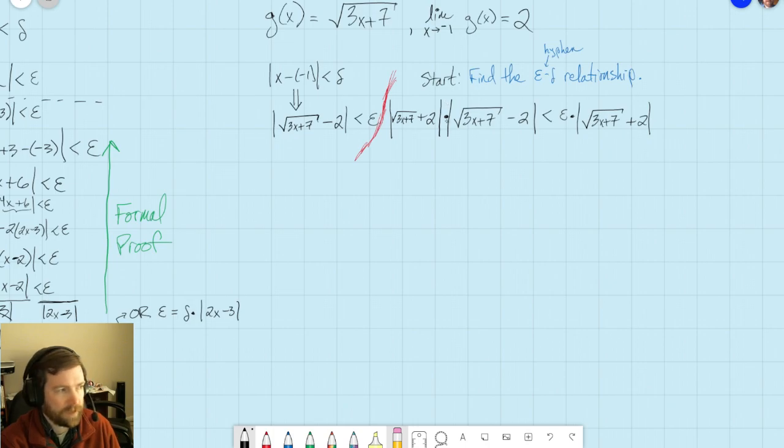So how does this work? Well, again, we have absolute values, which are ensuring that the thing on the inside is going to be positive.